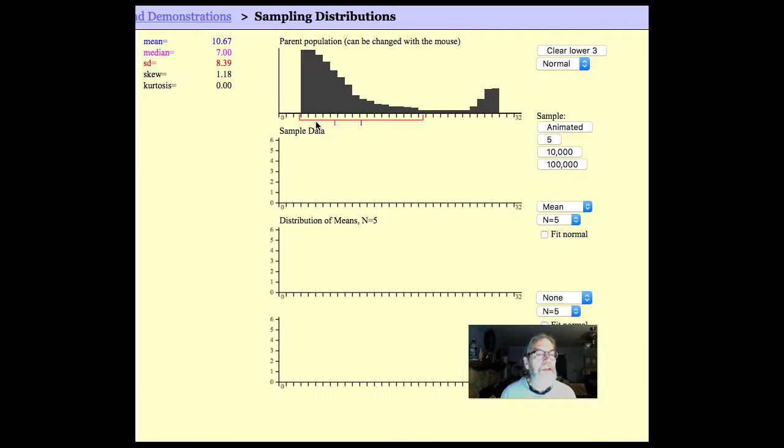But notice now that the mean and the median are not the same because this is not a symmetric distribution. I'd say it's skewed, but I just threw this stuff out on the far end to make it look less normal.